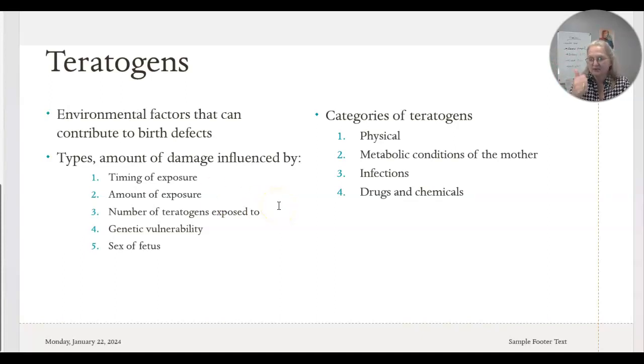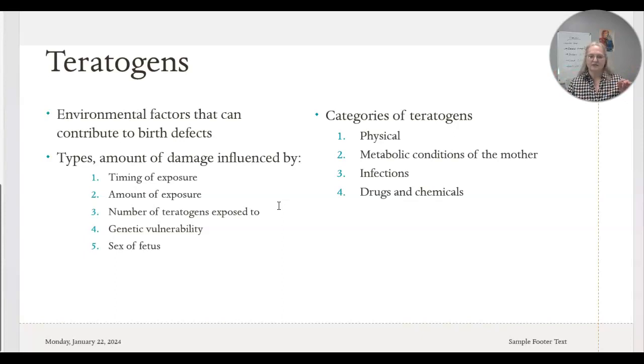The amount of exposure, how much a mother is exposed to, the number of teratogens, the genetic vulnerability, as we talked about last chapter when we were talking about epigenetics, the relationship between genes and the environment.